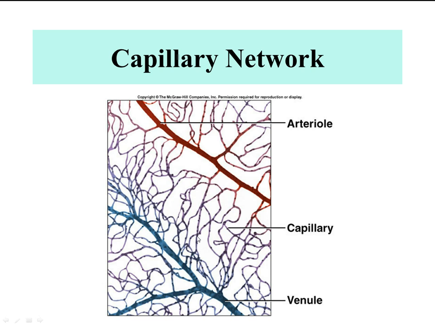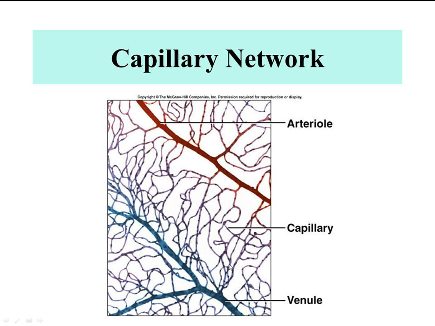Okay, let me remind you here also that we have a closed circulatory system, and we mentioned that before. That means that you went from arteries to arterioles to capillaries to venules to veins and back to the heart. So it's a closed system.